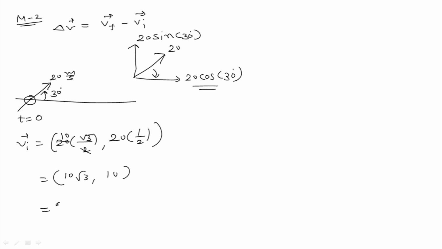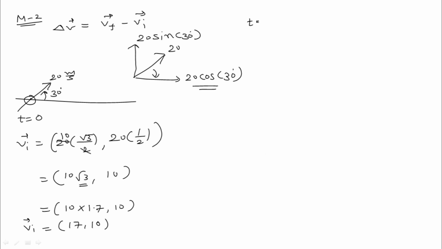Root 3 means 1.7, so 10 into 1.7 is 17, and the y component is 10. This is 17, 10, the initial velocity vector.